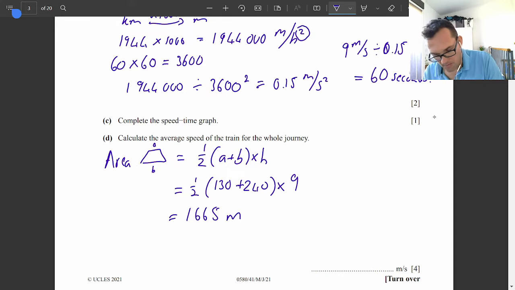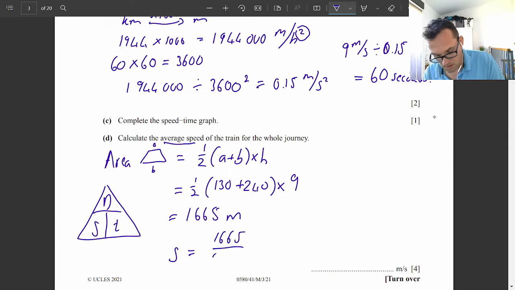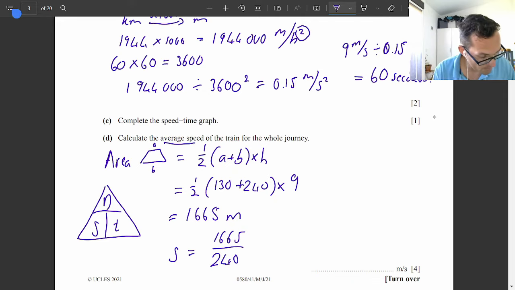Okay, we're going for the average speed. So if we travel 1,665 meters, and we're traveling this in 240 seconds. Remember how we work out speed. It's speed equals distance over time. So we need to take the distance, 1,665, and divide by the time, 240 seconds, which is the total traveling time.